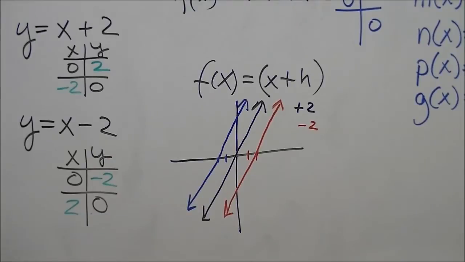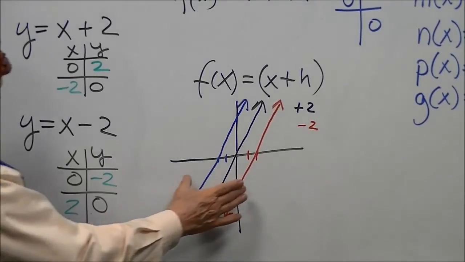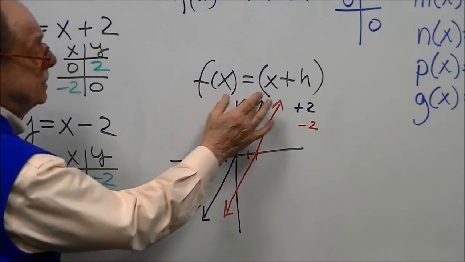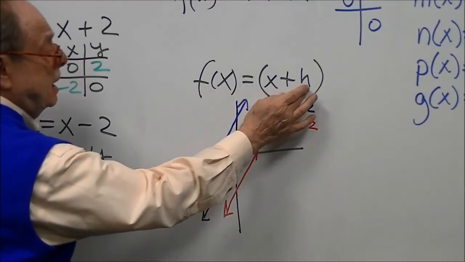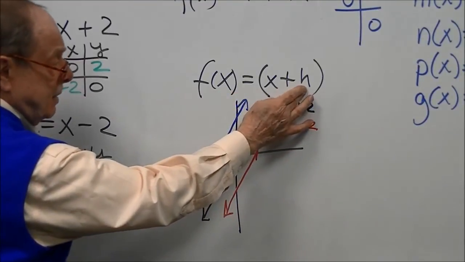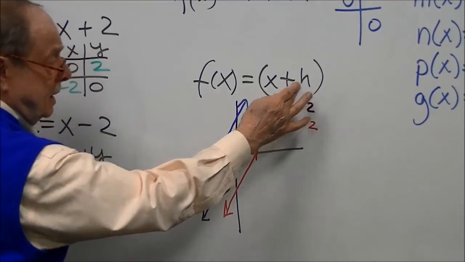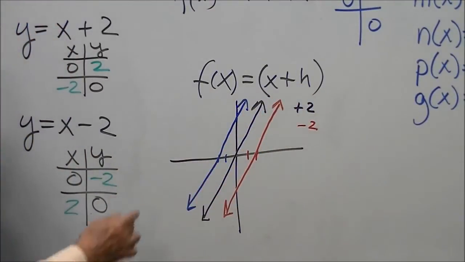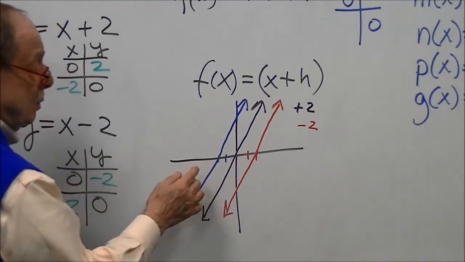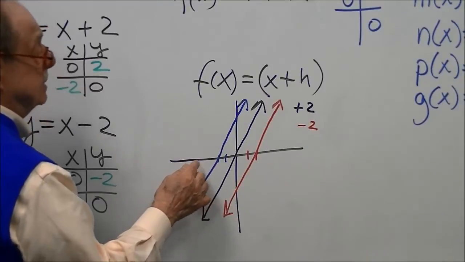Okay, well, let's explain why. When you see the function, this letter h actually refers to the x-intercept, where the line will cross the x-axis.